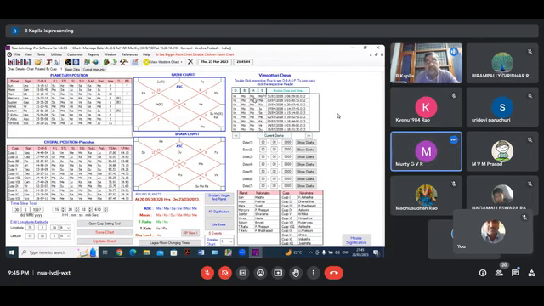Now this is very, very important, because you are always trapped while selecting the Sukshma and Prana. The first important condition, I repeat, is that the planets are linked to the seventh cusp directly or indirectly.